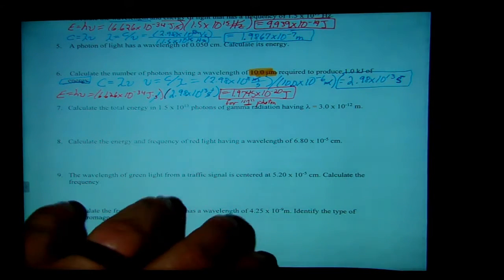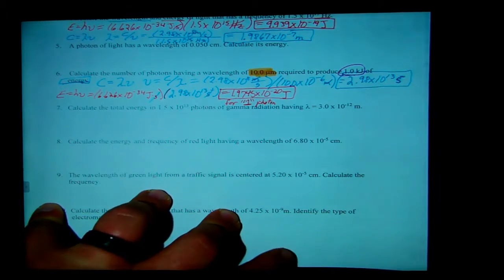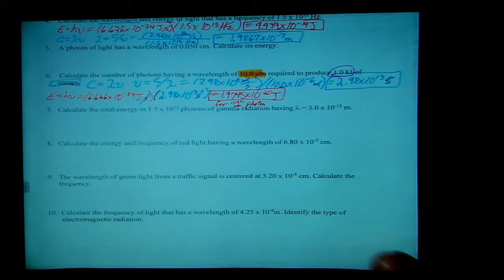You can now use this information to calculate this out. First thing, it's literally this simple. How many photons do we need to produce that amount of energy? Are you ready?